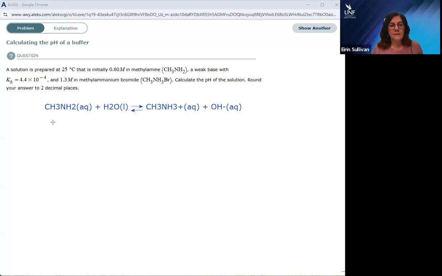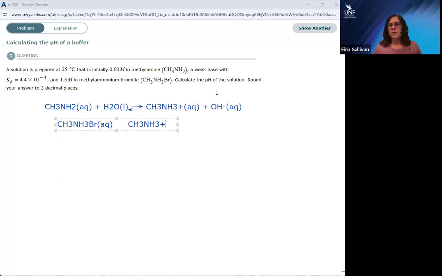And you can see from the salt, we've got methyl ammonium bromide, CH3NH3Br. Of course, if that is a salt and it's soluble, it's going to break apart into a cation and an anion. The cation is going to be everything that's not that bromide ion.